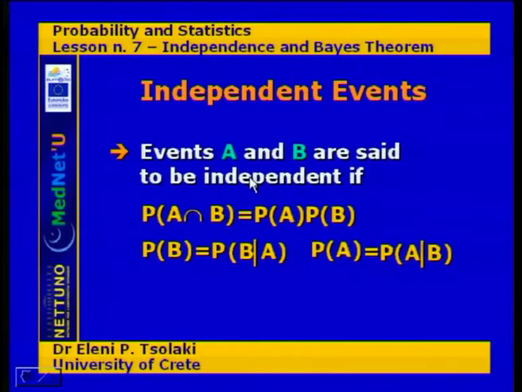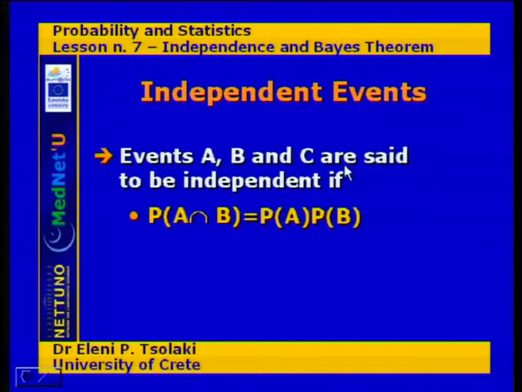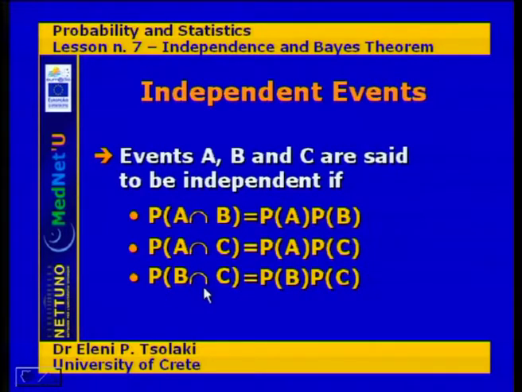So, events A, B, and C are said to be independent if the probability of the intersection of events A and B equals the probability of A times the probability of B. Also, the probability of the intersection of events A and C should be equal to the probability of A times the probability of C. The probability of B intersection C should be equal to the probability of B times the probability of C.